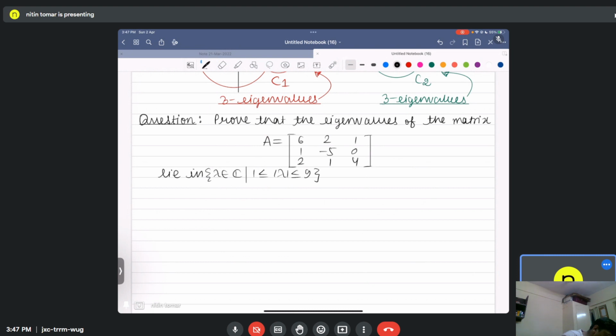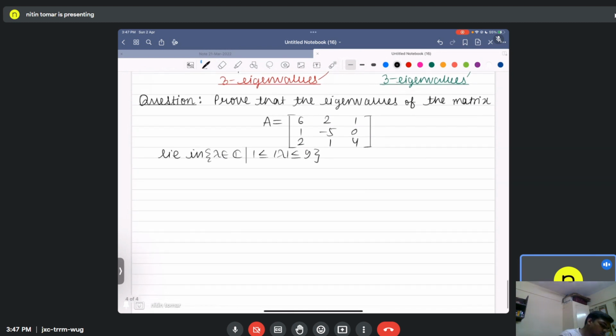So how do you prove it? Let us see. One can compute directly, but we want to use the Gershgorin circle theorem.